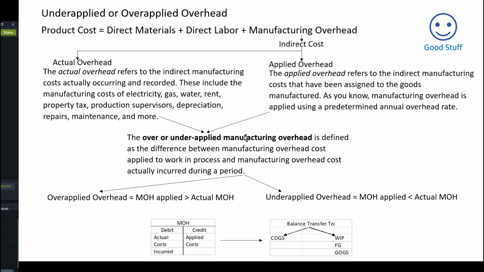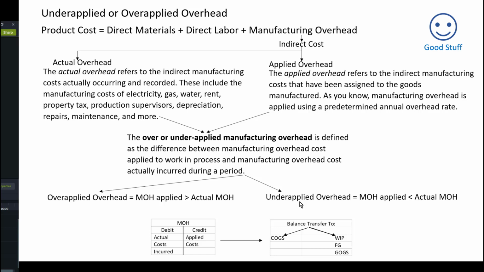If the manufacturing overhead cost applied to work in process is more than the manufacturing overhead cost actually incurred during the period, the difference is known as over-applied manufacturing overhead. On the other hand, if the manufacturing overhead cost applied to the work in process is less than the manufacturing overhead cost actually incurred during a period, the difference is known as underapplied manufacturing overhead.